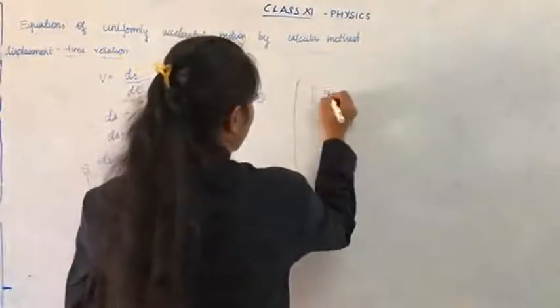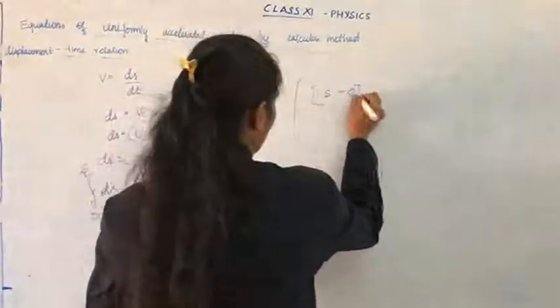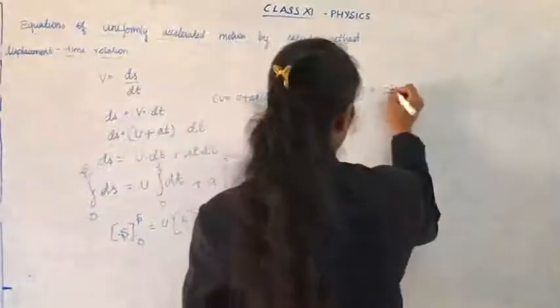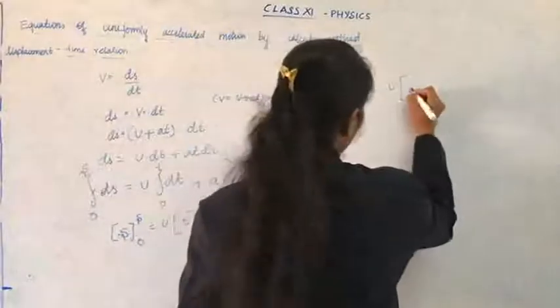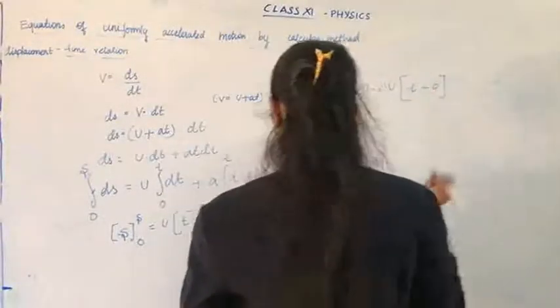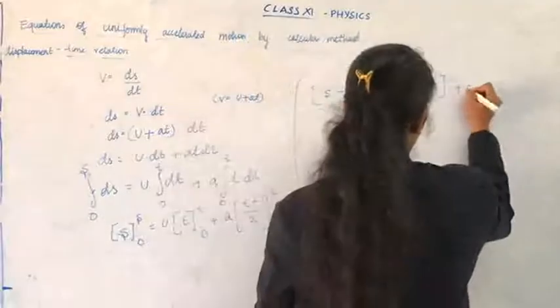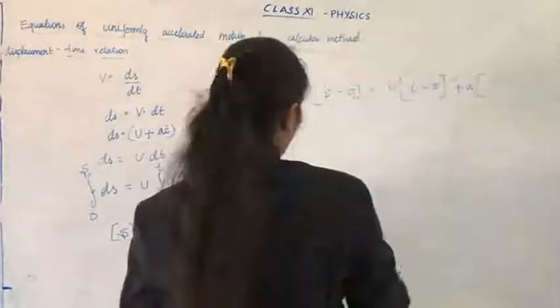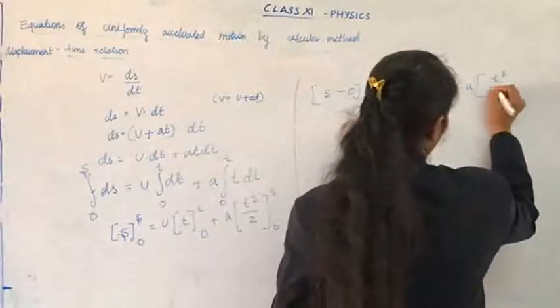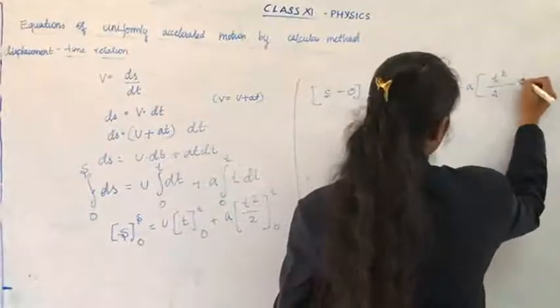So s minus 0 equals u into t minus 0 plus a into t square by 2 minus 0.